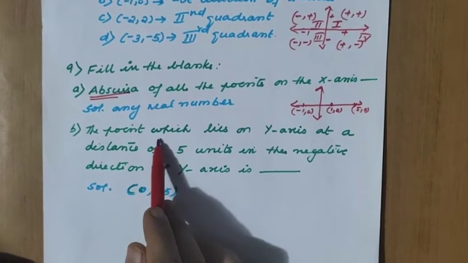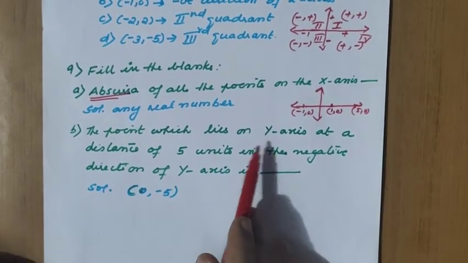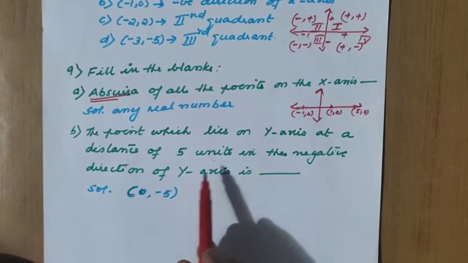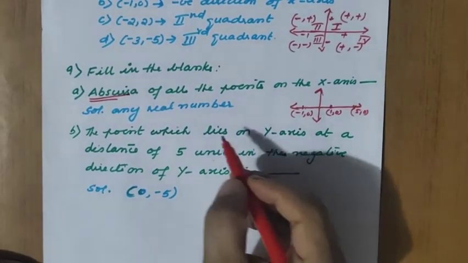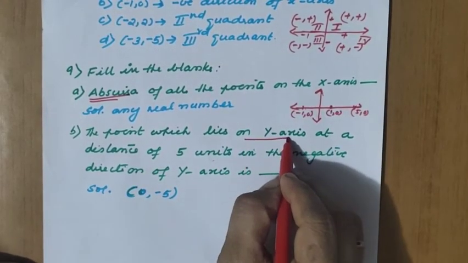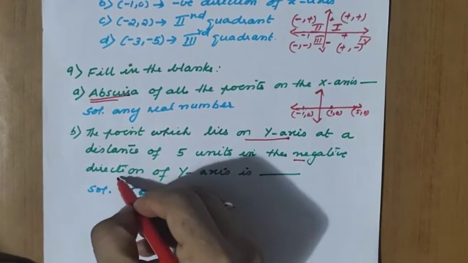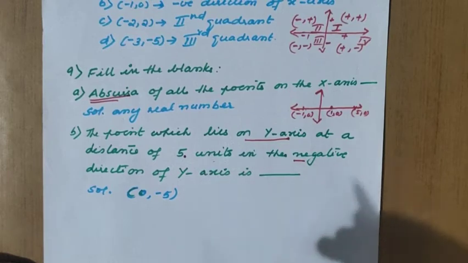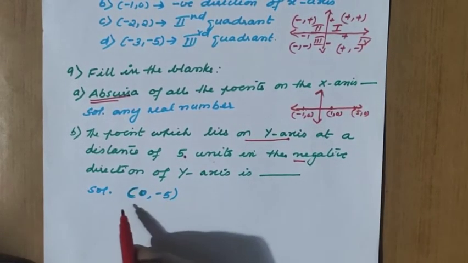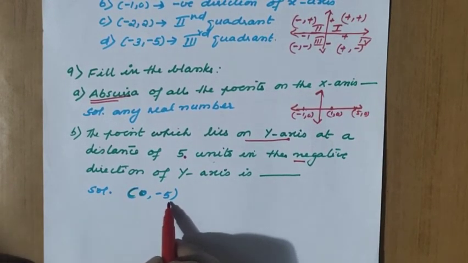Next question, the point which lies on the y-axis at a distance of 5 units in the negative direction of y-axis. Lies on the y-axis means x value equal to 0, and in the negative direction of y-axis, what is the distance? 5, so minus 5. So the coordinate will be 0, minus 5.